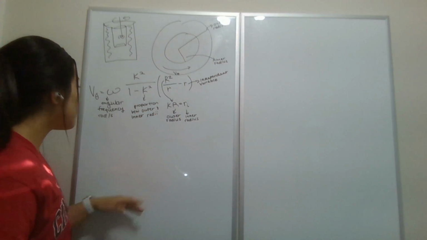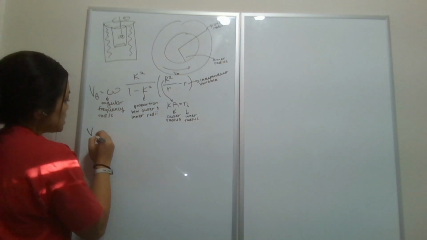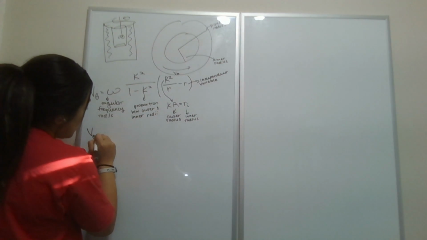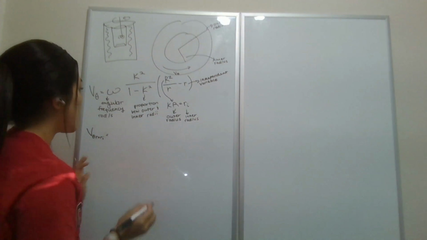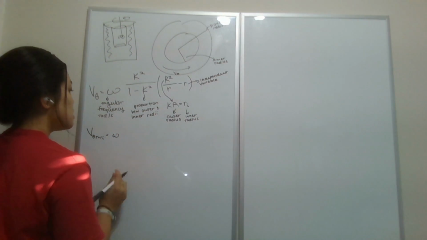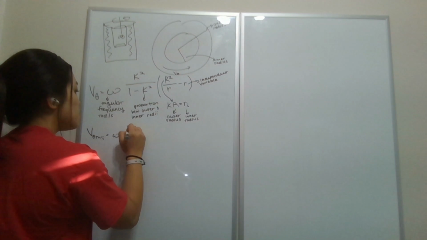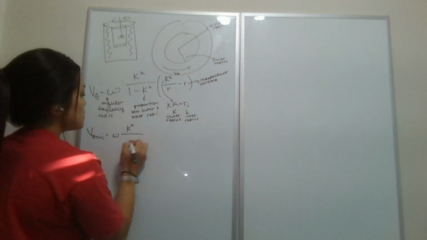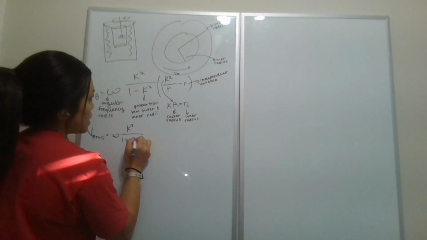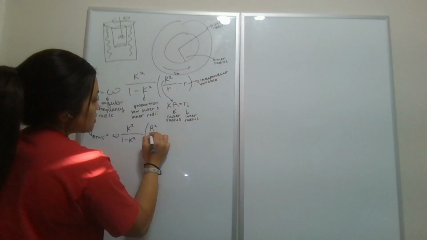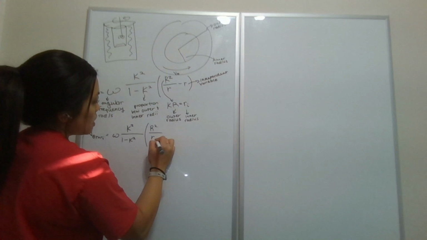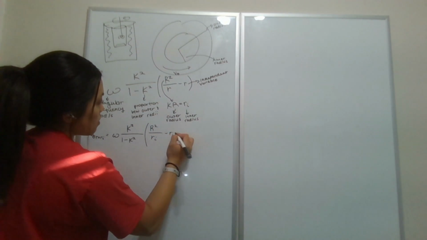So if we wanted to find the velocity at the inner radius, we would have the angular frequency times the proportion squared divided by 1 minus the proportion squared times the quantity of the outer radius squared divided by the inner radius minus the inner radius.